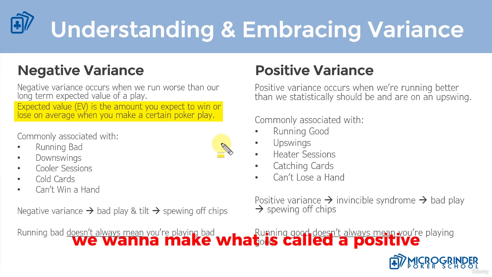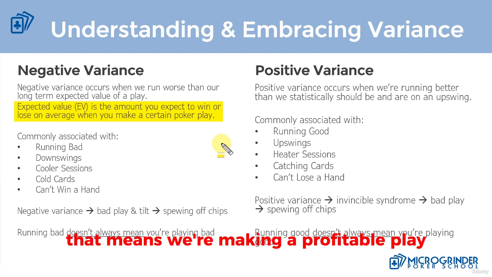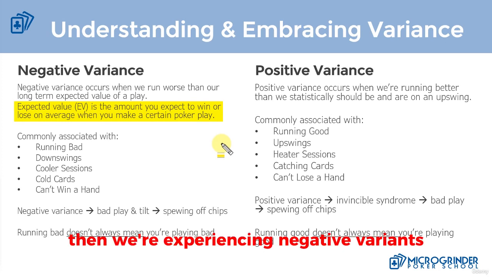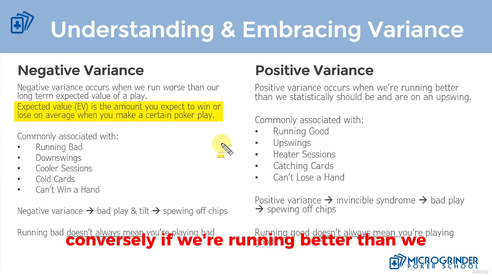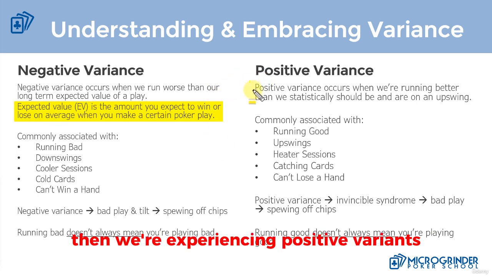And in poker, we want to make what is called a positive or plus EV play. That means we're making a profitable play. So if we make a profitable play and statistically we're supposed to win a hand, but we still lose, then we're experiencing negative variance because we're running worse than we actually should. Conversely, if we're running better than we statistically should, then we're experiencing positive variance.